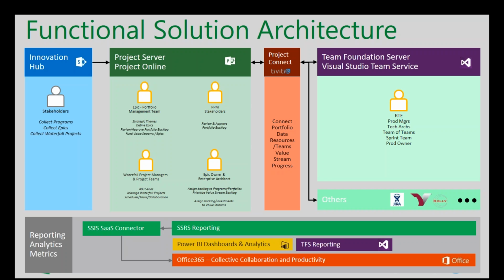For example, what's shown here to the left, on an innovation hub concept, might be leveraging something like SharePoint within an organization, where stakeholders, folks from the business, even outside customers, could actually be putting in ideas or requests and collecting this information for vetting, justification, and possible consideration to be made part of a project portfolio or an initiative that may be considered from a budgetary and resource allocation perspective.